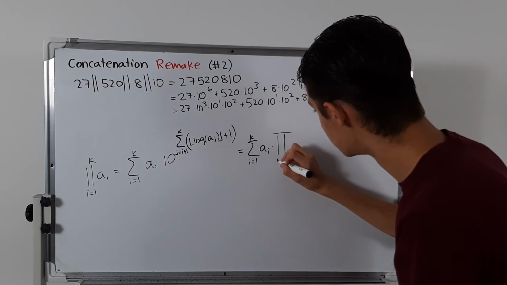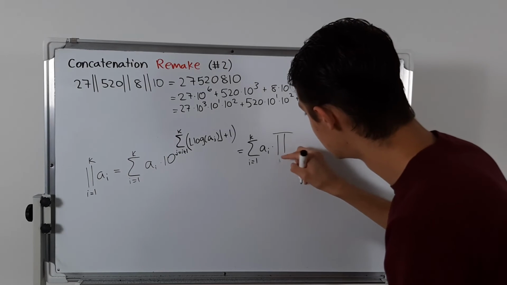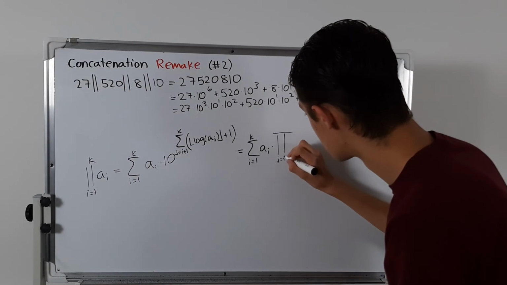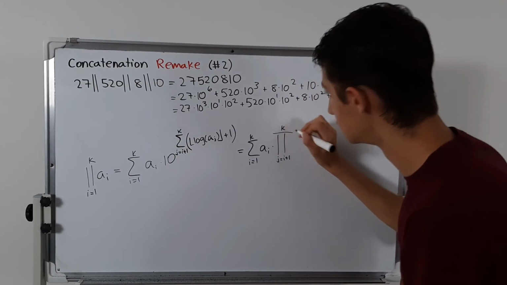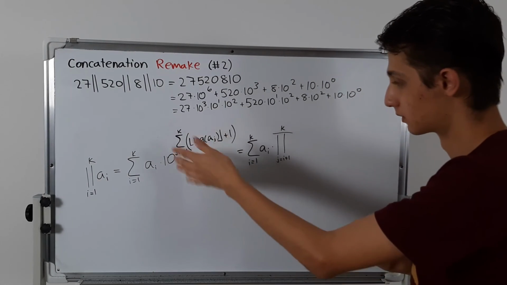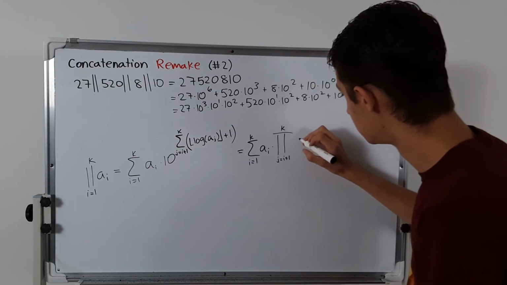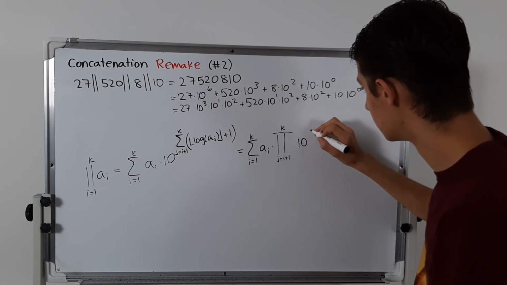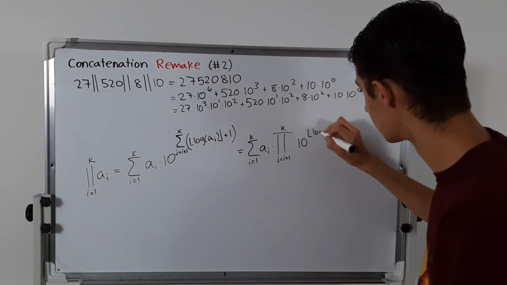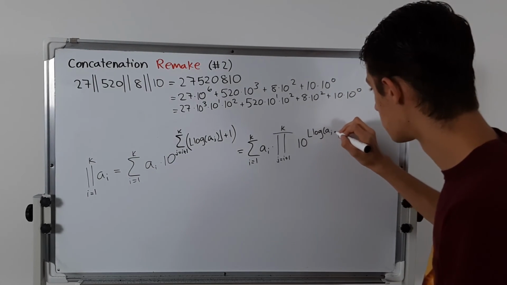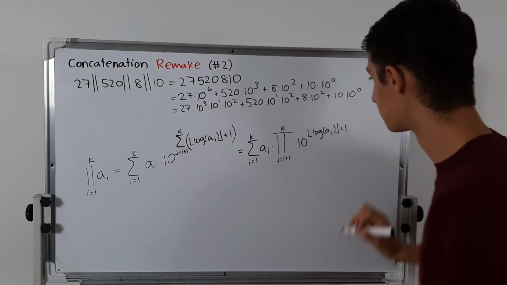So we're going from j equals i plus 1 to k, or you could do the same thing I talked about before. And this is going to be 10 to the floor of the log of a sub j plus 1.